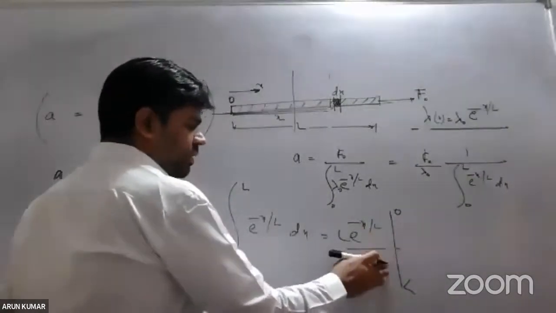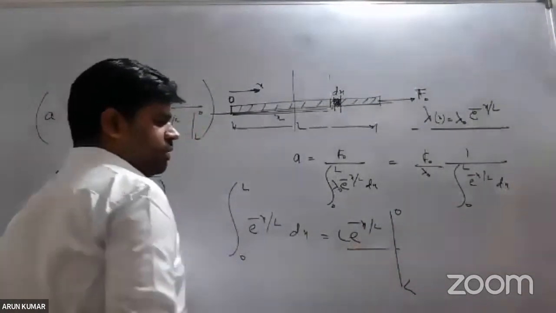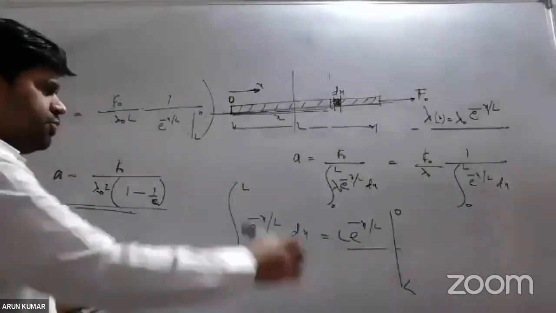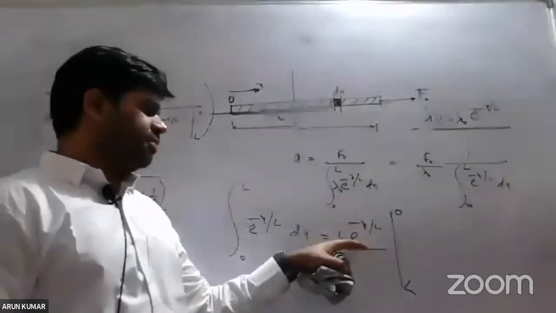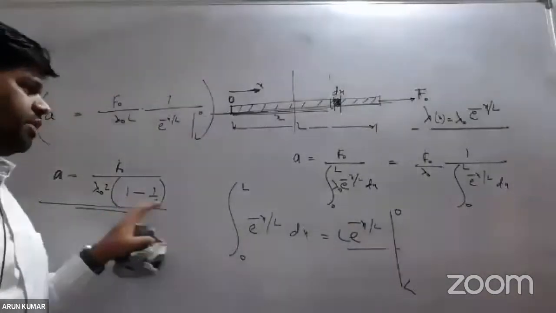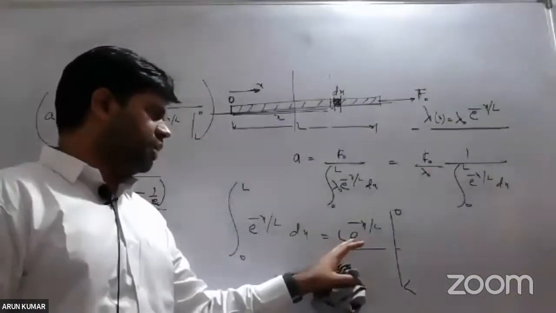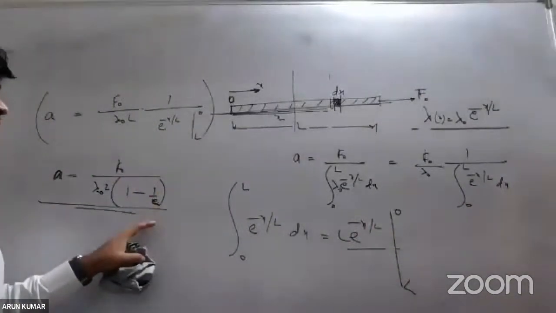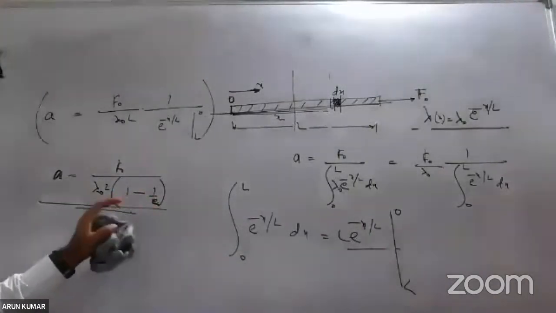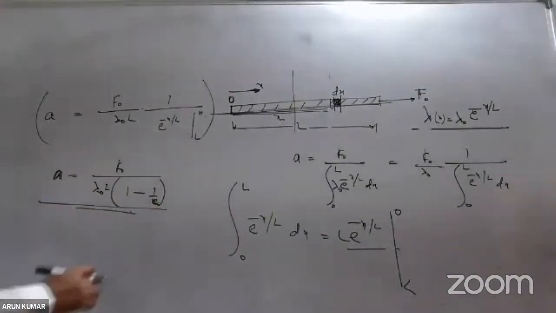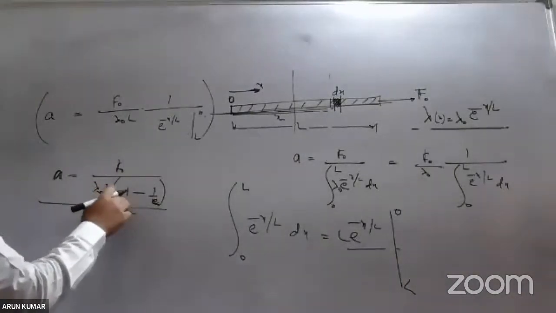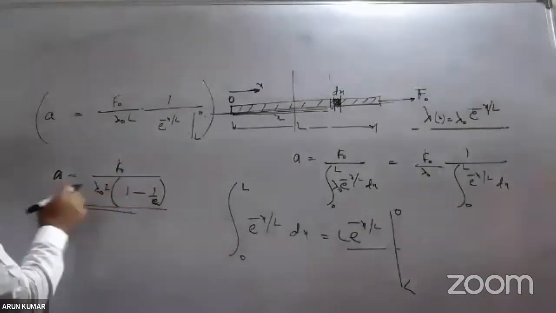This 1 by L becomes L here, L goes to the top, numerator. I substitute the limits now. When I substitute limits, e power 0 is 1. When I substitute x equal to L, e power minus 1 is 1 by e. So L into 1 minus 1 by e is my total mass. Lambda naught into L into 1 minus 1 by e is my total mass. F by total mass is the acceleration.